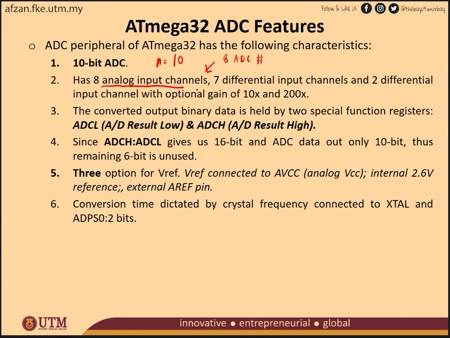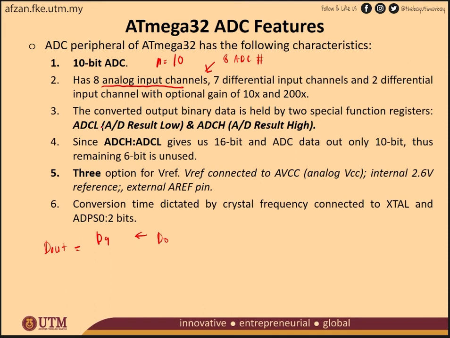The converted output binary data is held by two special function registers called ADCL and ADCH. This is your D out, which is the converted output. Since it is a 10-bit ADC, the D out here is also 10-bit, starting from D0 to D9.